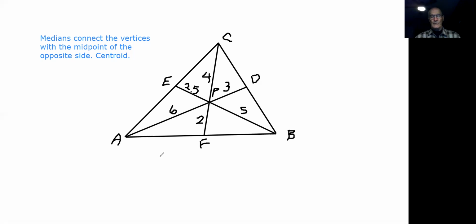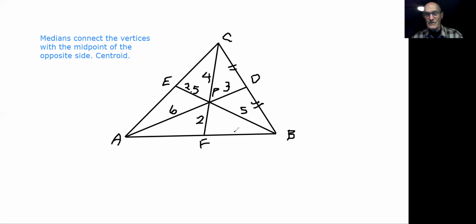So when you look at your homework problems, you will see that they will give you something like this. Now, they might not tell you it's the centroid, but if you look at your picture and you see these 2 marks here and these 2 marks here, that tells you that D is the midpoint of side CB.